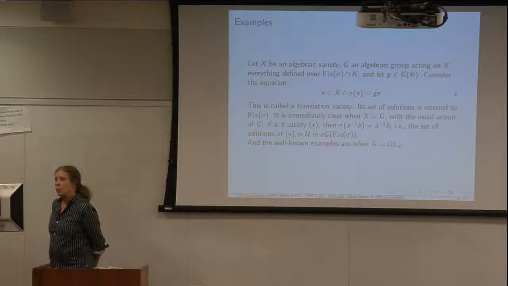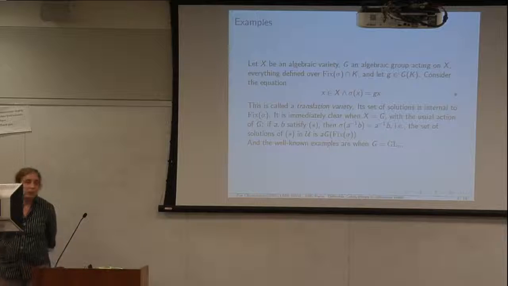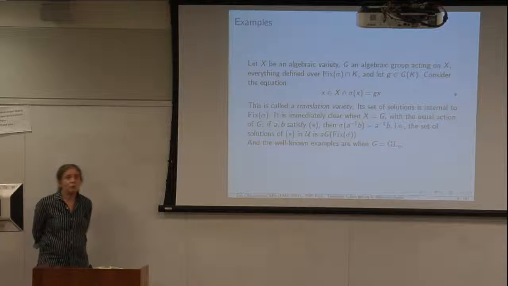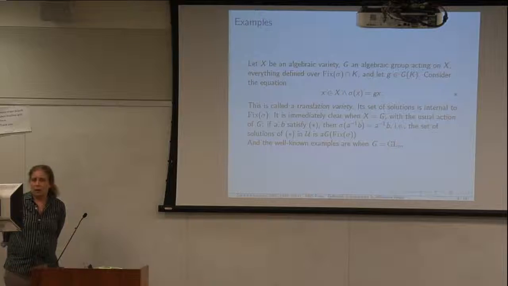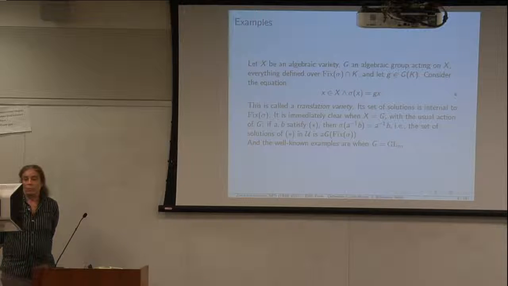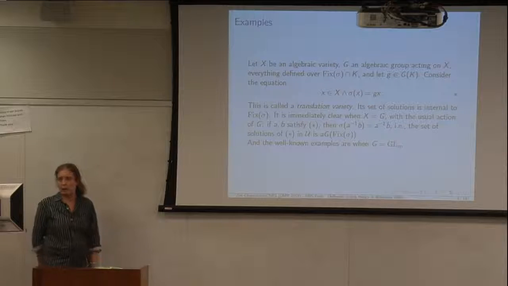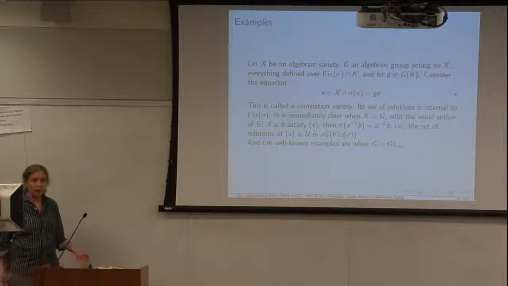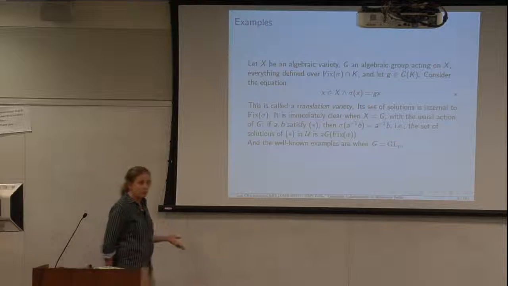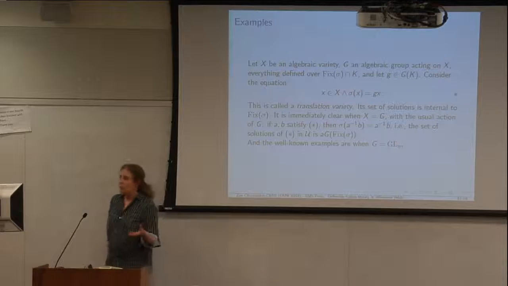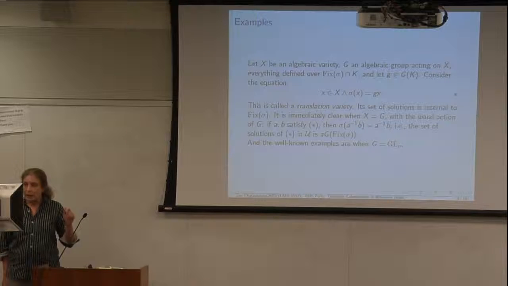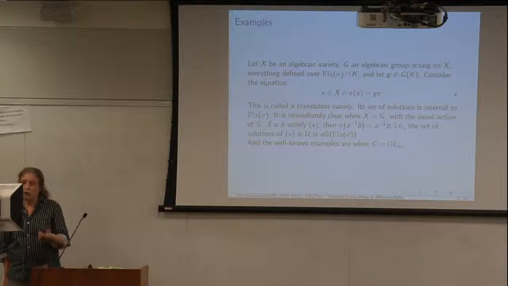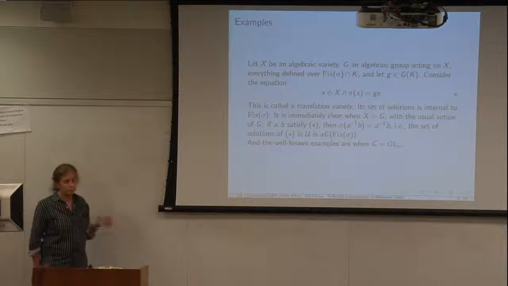It's better seen when X is really G, for instance, and the action of G on G is just left translation. Then you see that if A and B satisfy the equation, then if you take A inverse B, it's going to be fixed by sigma. Because when you look at sigma of A inverse B, this is going to be A inverse gB, so A inverse B. So it's fixed by sigma.